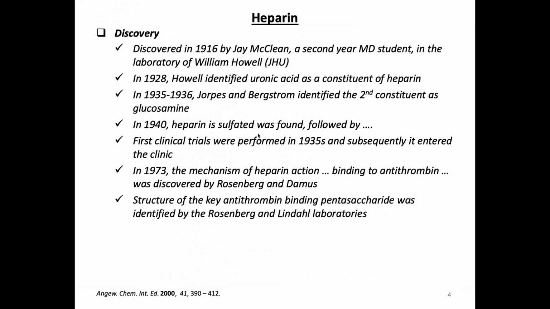Then another 8 years to identify glucosamine, the second component of heparin. These days, when you make molecules, you come to know the structure fairly easily. But this was the state back when, close to 100 years ago. And then it was identified that heparin was sulfated after about 5 more years.